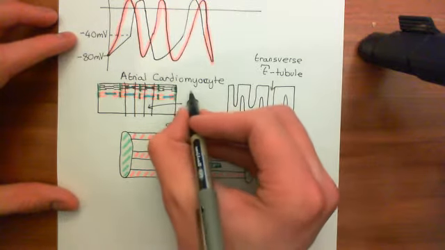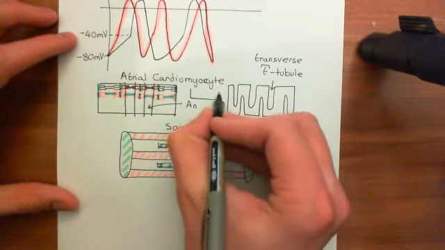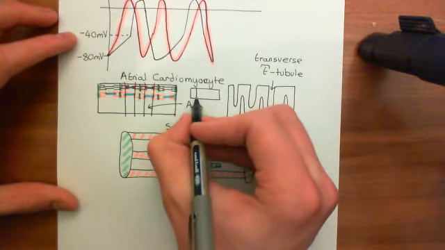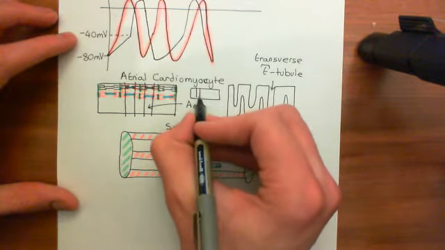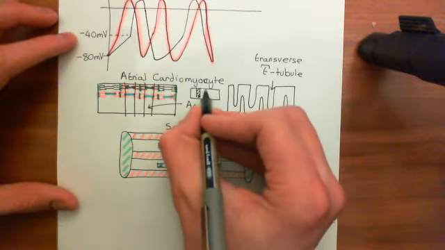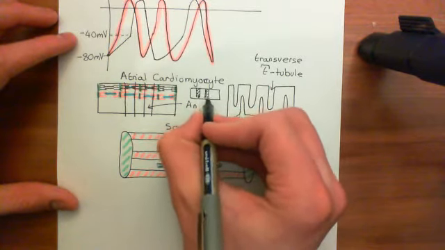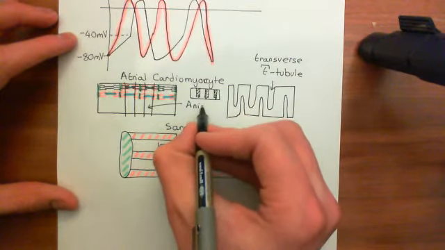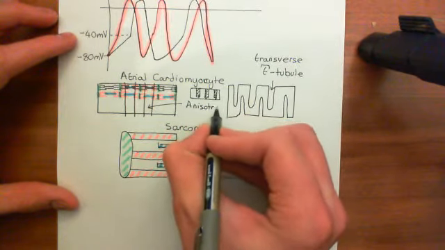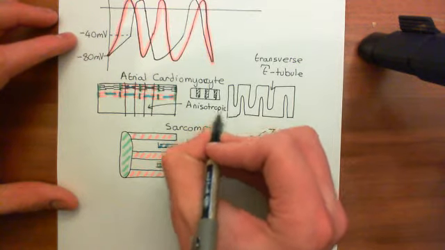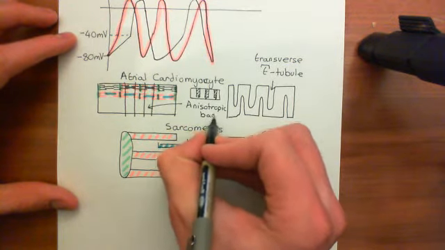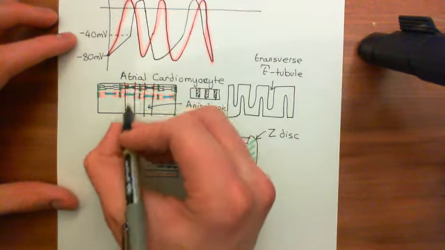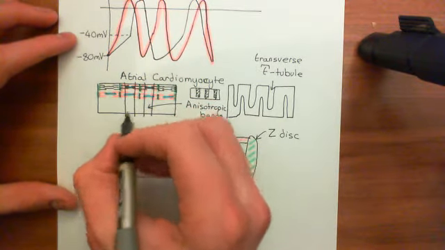So if I actually look at a cardiomyocyte under an electron microscope, or under just a light microscope actually, what you see is dark bands, like so, interspersed with light bands, and basically these dark bands are called the anisotropic bands, and it turns out that these anisotropic bands are the bands corresponding to these columns of myosin filaments.